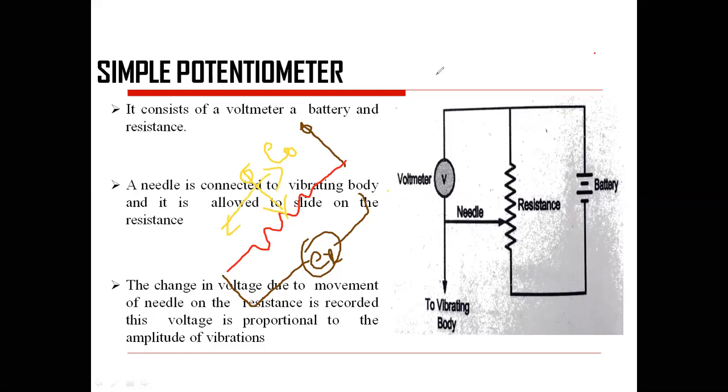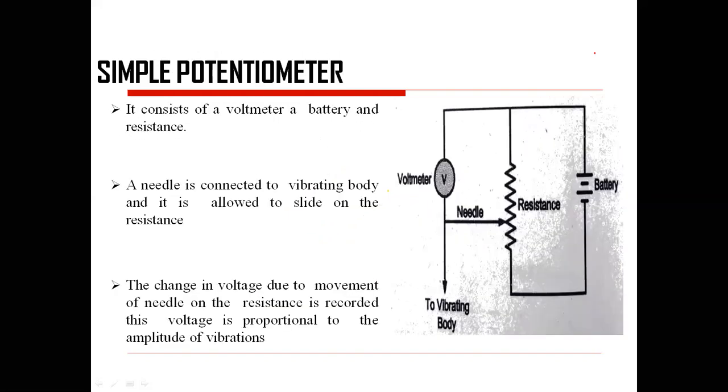The similar concept is incorporated over here. Now how is this incorporated in this particular field? So the simple aspect is that over here we have a resistance, then we have a vibrating body, and to this vibrating body this needle is connected.